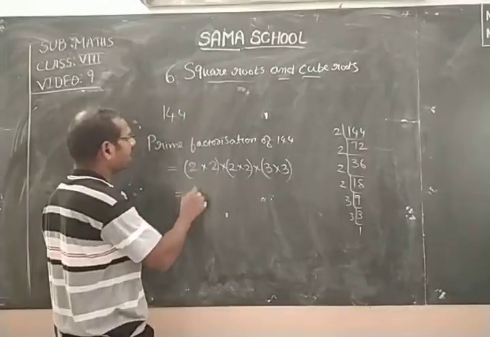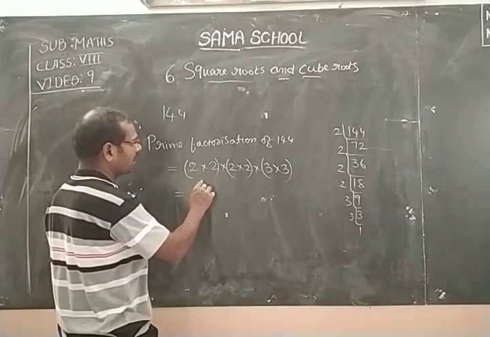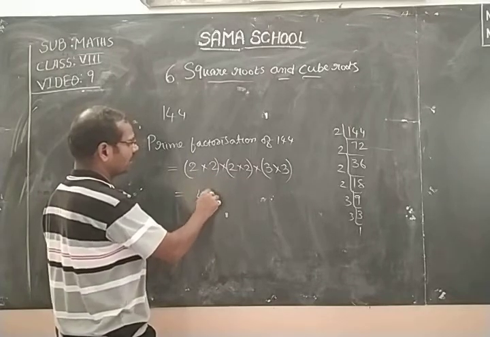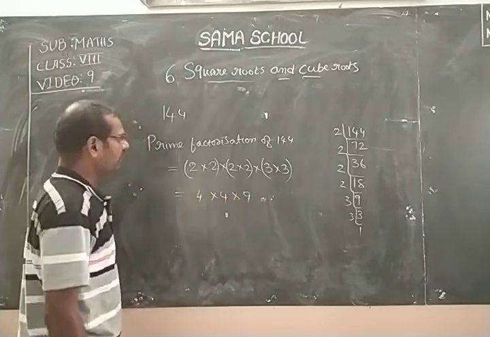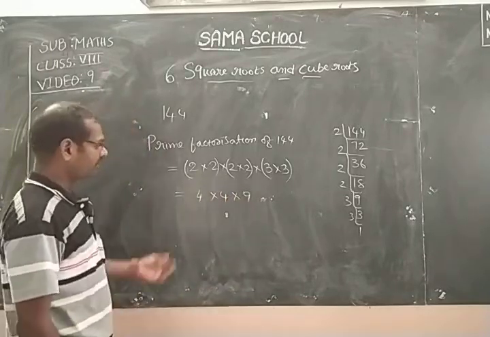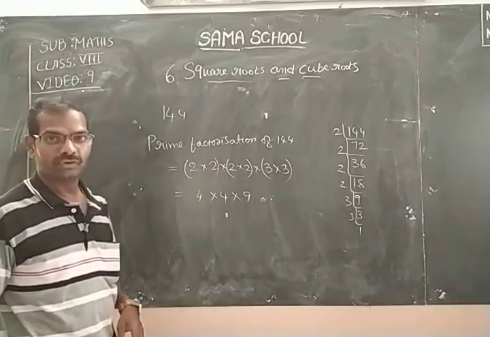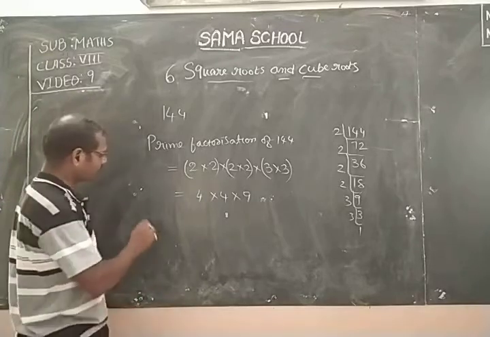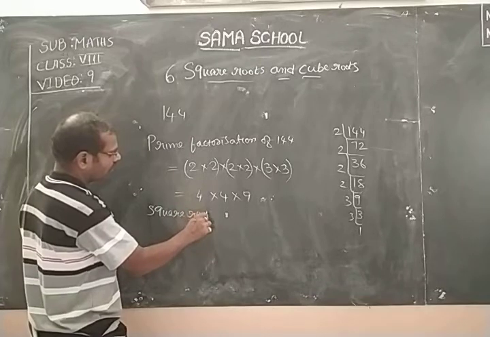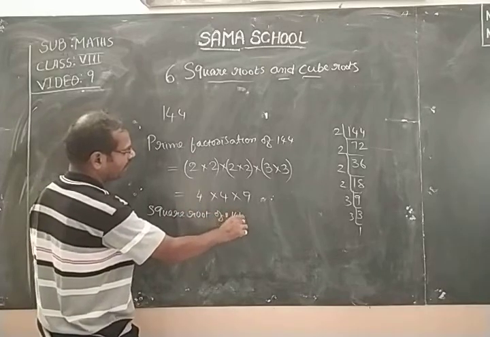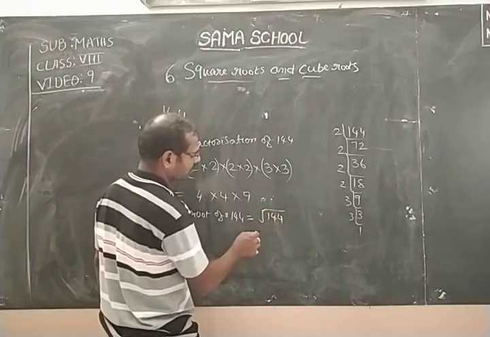That means what is the square root of this? 2 twos are 4. Again 2 twos are 4. It is also 4, and it is 9. When you have to find the square root, suppose you want to find the square root of 144, you can symbolically write it as a square root.